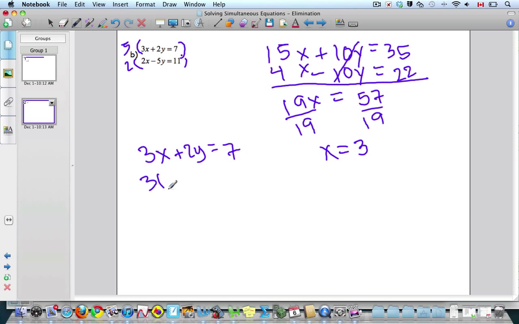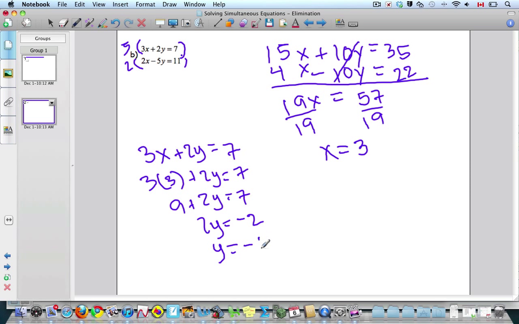So 3 times 3 plus 2y equals 7. 9 plus 2y equals 7. 2y equals negative 2, and y is negative 1. Nice. So we get our x, y point to be 3, negative 1.